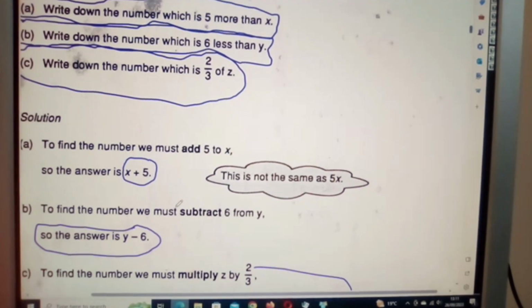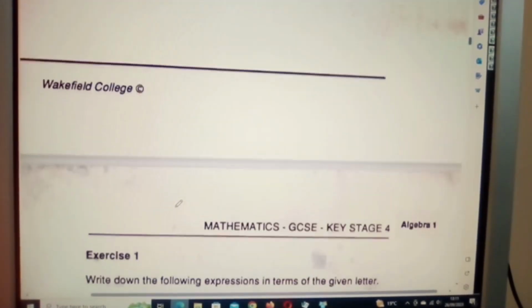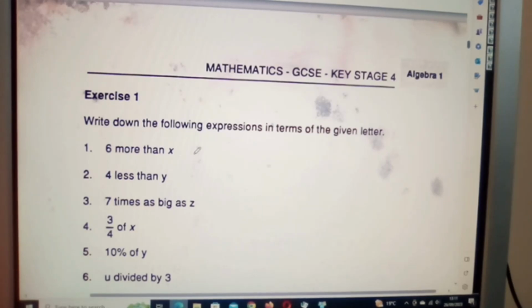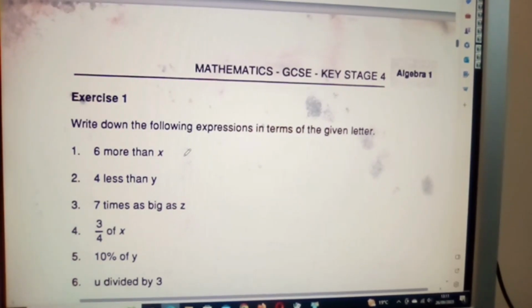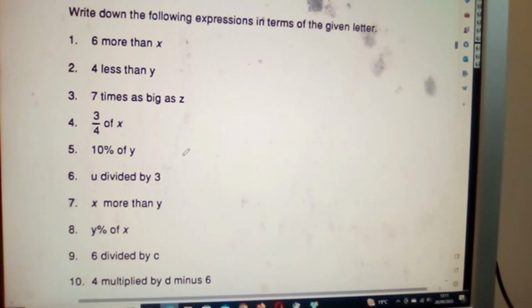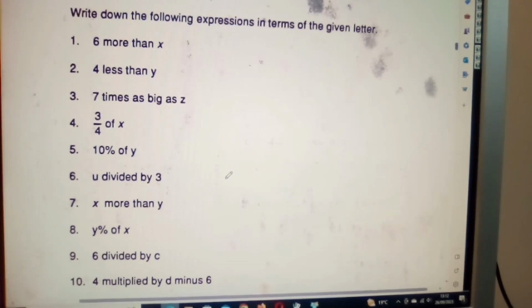But so you're going to have x plus 6 in this case here, okay? Sorry, no, sorry, I went a little bit fast there. Going ahead of myself there for a moment.